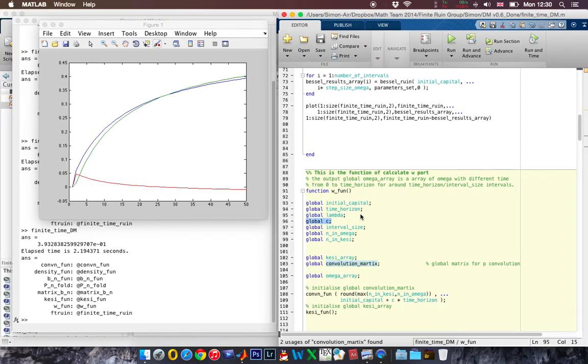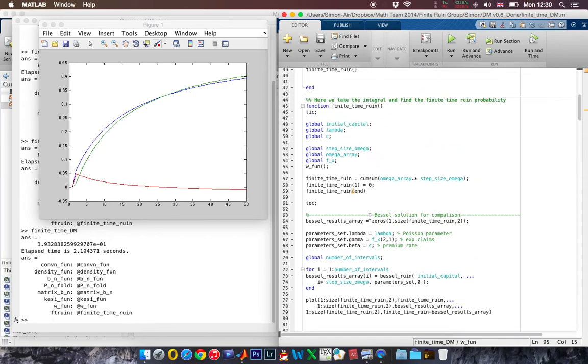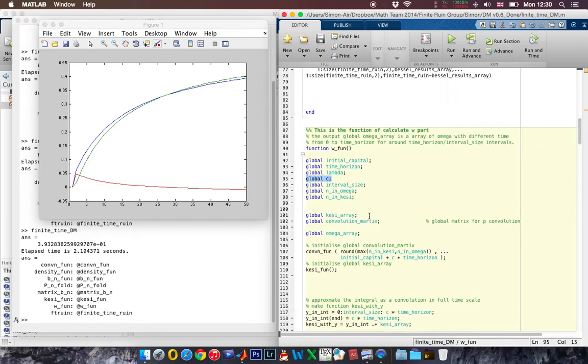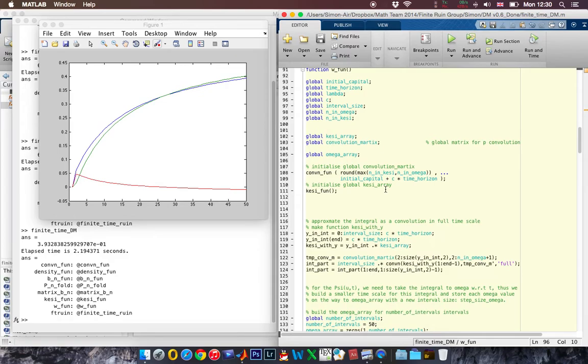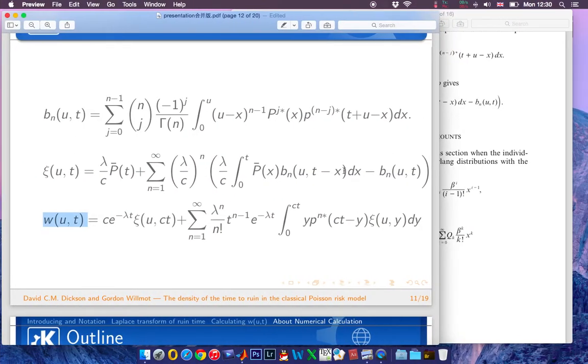So the next step is calculating WUT. Where is it? Okay, it's here. I initialized the convolution global matrix here because we come across this value, the p n-fold convolution, here and here. But which one is larger?